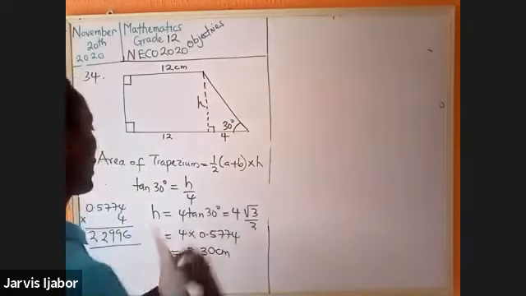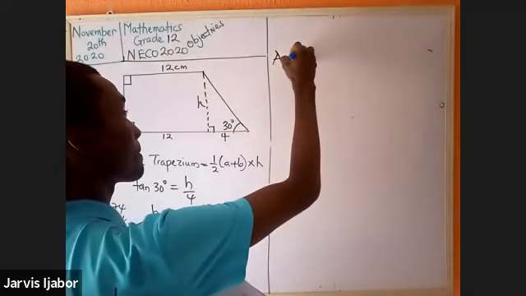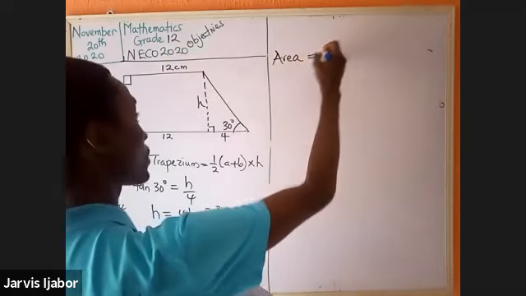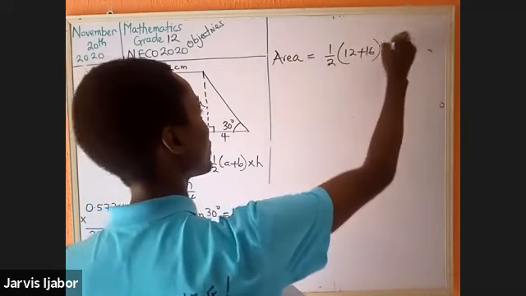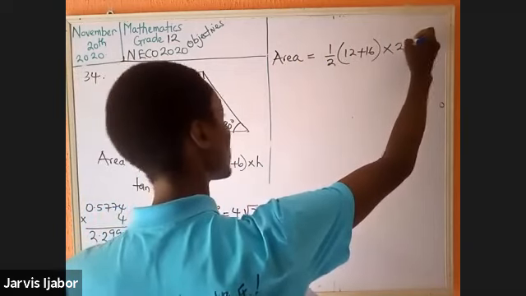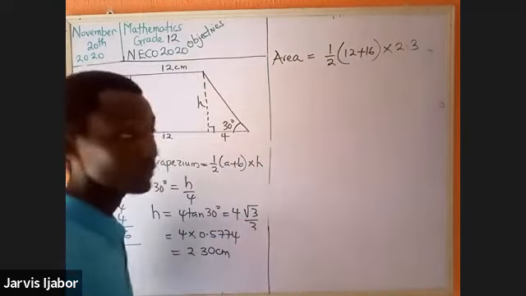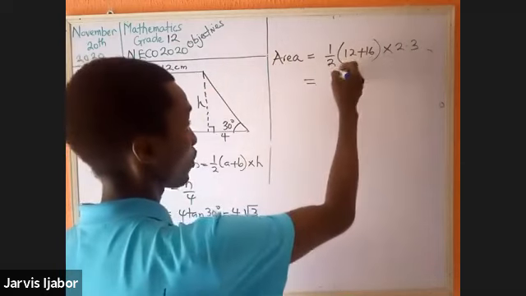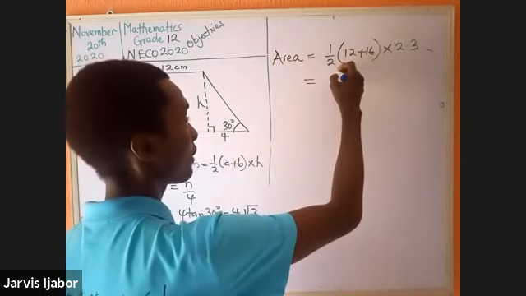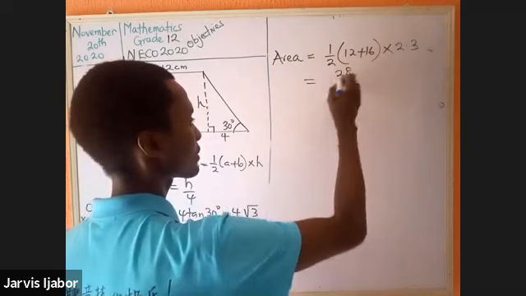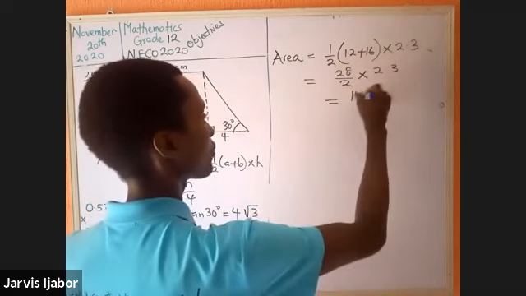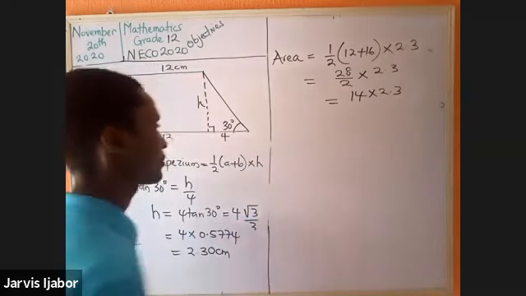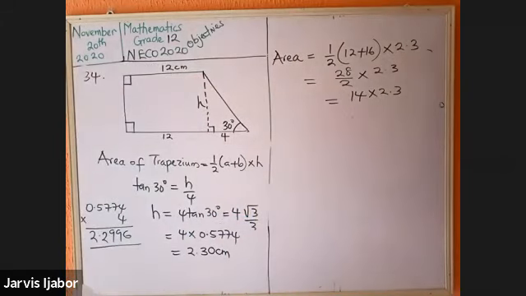So what is the area now? The area will now be equal to half into 12 plus 16 times 2.3. That will give me 28 divided by 2 times 2.3. That will be 14 times 2.3. So 14 times 2.3, what does that give you?